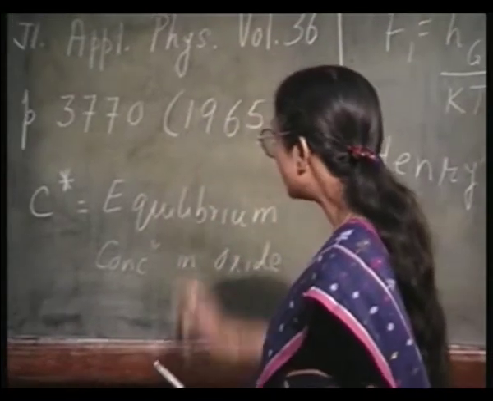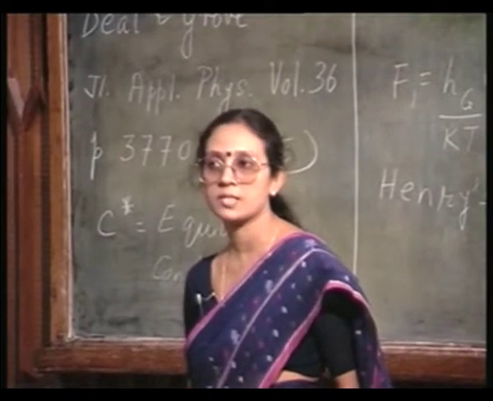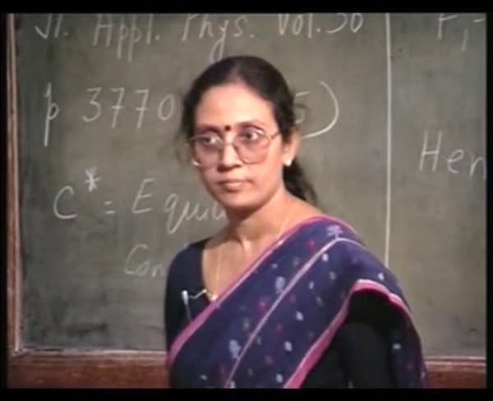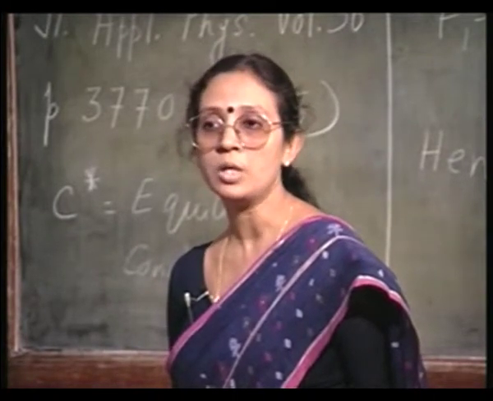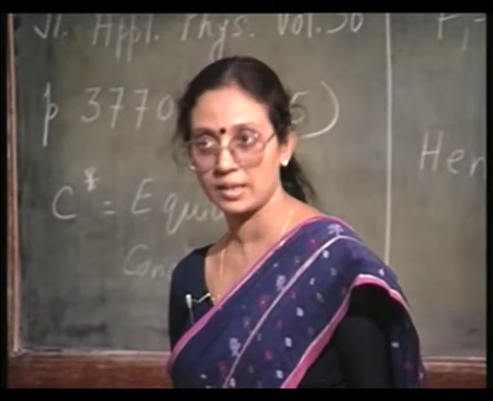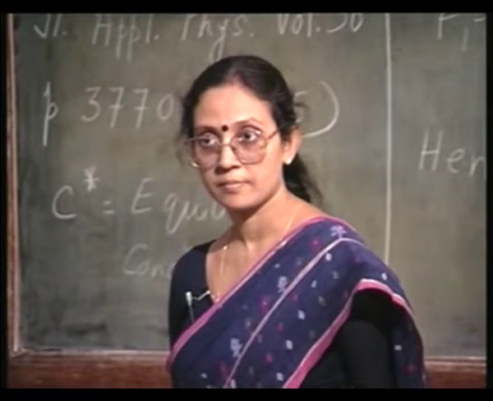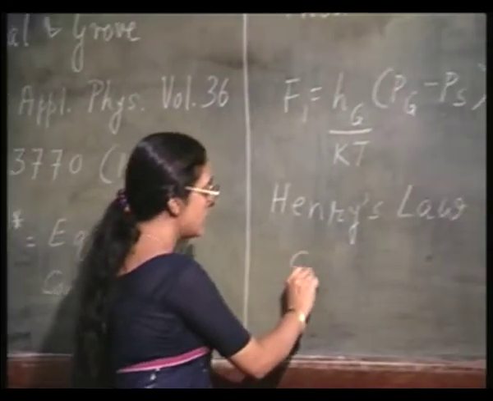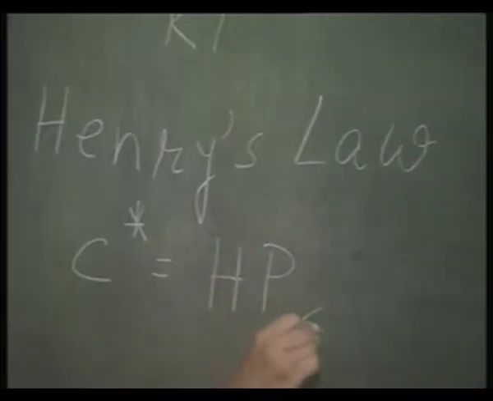I have already defined C star as the equilibrium concentration of the oxidizing species in the oxide, the solid. So, by Henry's law, C star is going to be proportional to the partial pressure of this oxidizing species in the surrounding gas, that is Pg. In other words, by Henry's law, I could say C star is equal to Henry's constant times Pg.